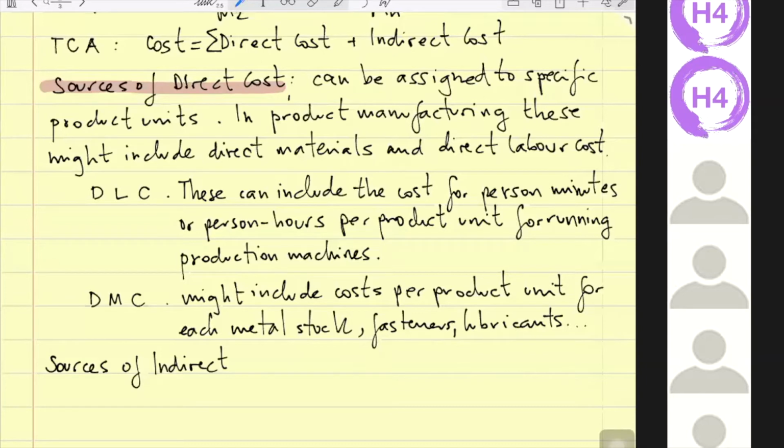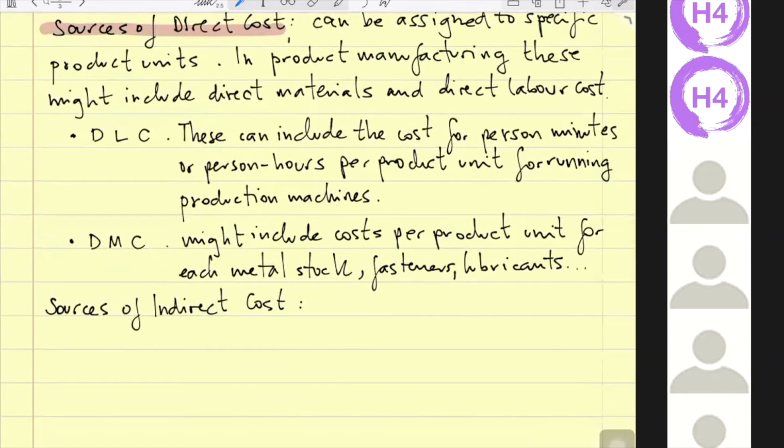Die Frage ist bereits beantwortet, Kim. Sources of indirect cost. Das ist einfach die Kosten vom Bestand. Okay, ist die Frage beantwortet?